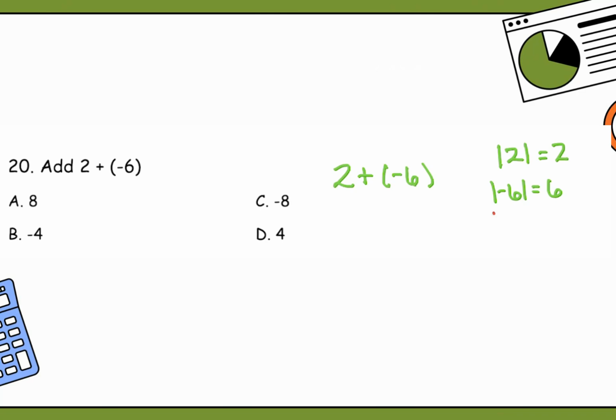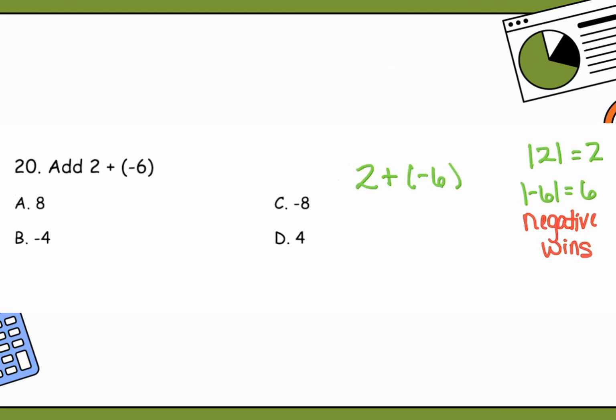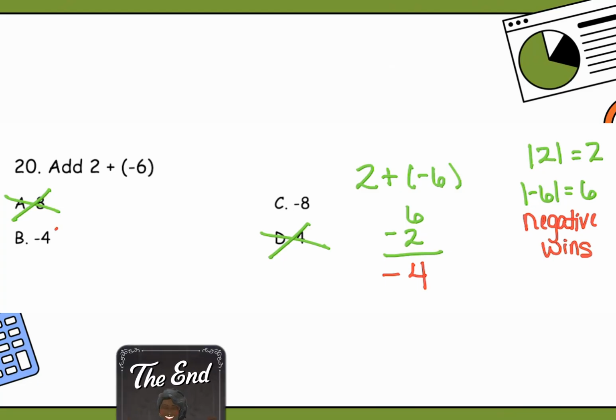So in this case, when we compare these two integers, our negative wins. That means we can cross out the positive answer choices, letter D and letter A, because our answer is not going to be positive. Now, when we subtract the absolute values, 6 minus 2, we get a final answer of 4. And because our negatives win, the answer is negative 4.